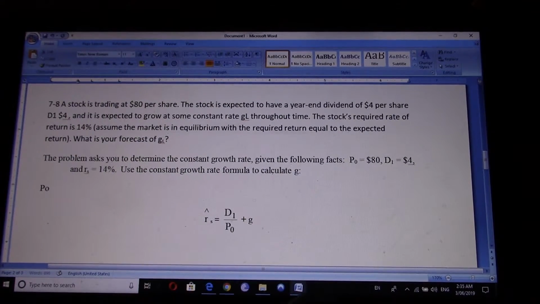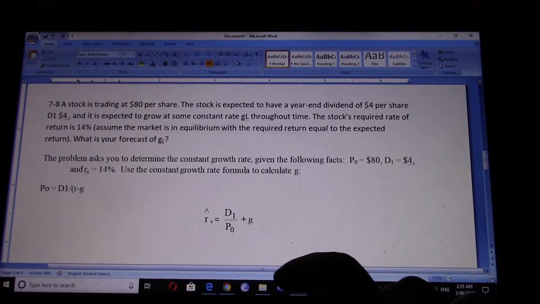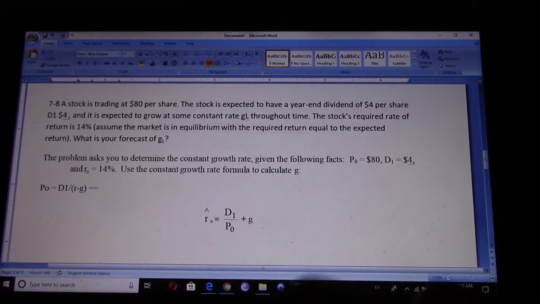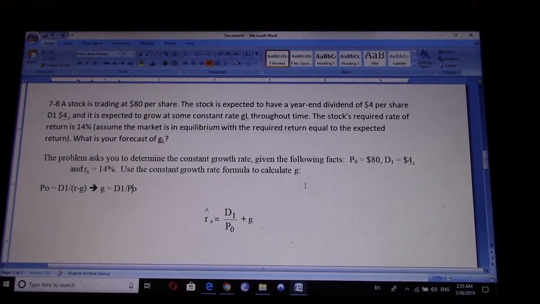we know P0 equals to D1 over R minus G. So we know G equals to R minus D1 over P0. So this is the equation. So we can plug in the number 14% minus 4 over 80.